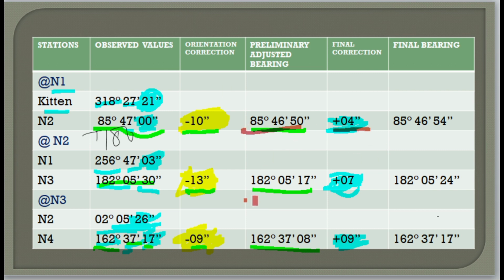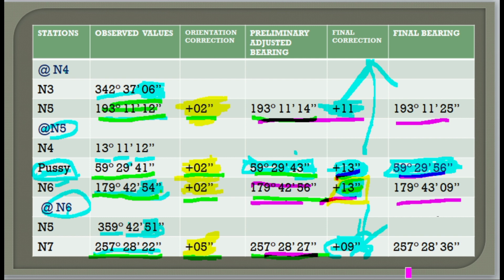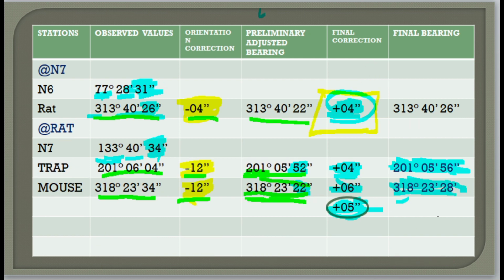So by adding all the preliminary adjusted bearings to the final correction, we'll get our final bearings of all the data that we have. By doing that, we'll get all our values written there on the screen. So that will be the right method under the mid orientation section. So that is the mid orientation bearing sheet.